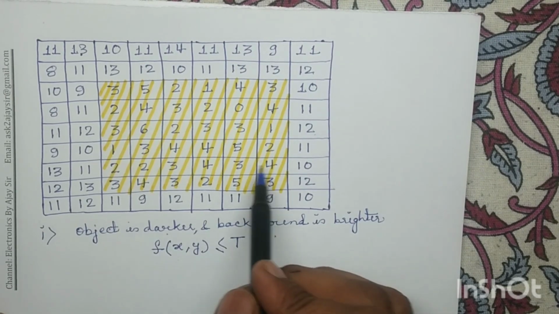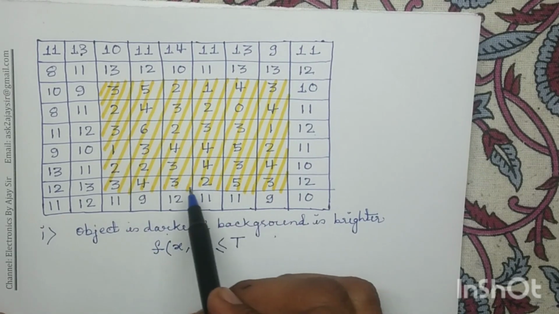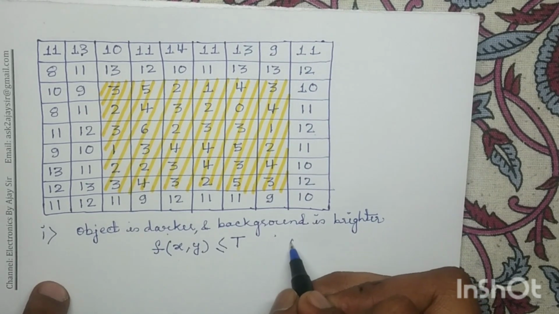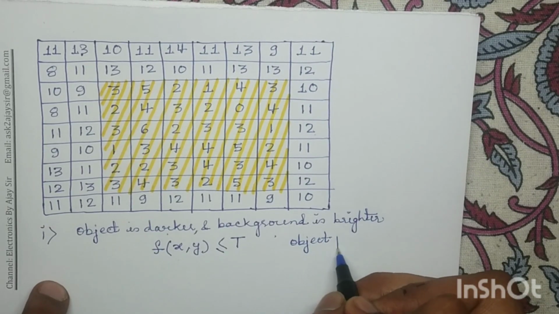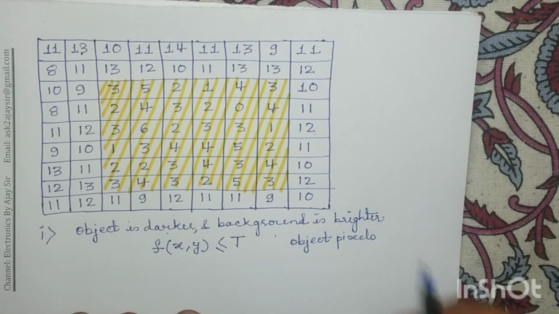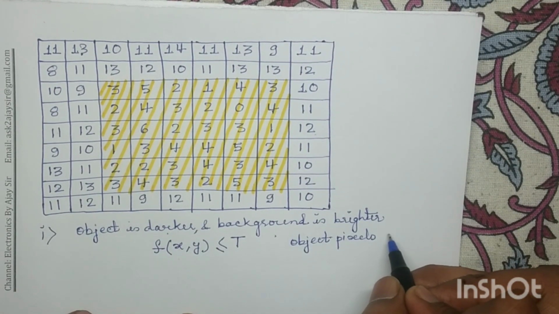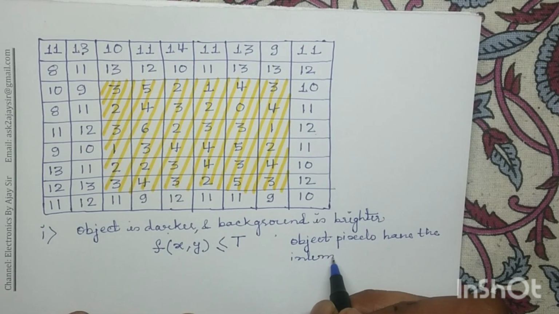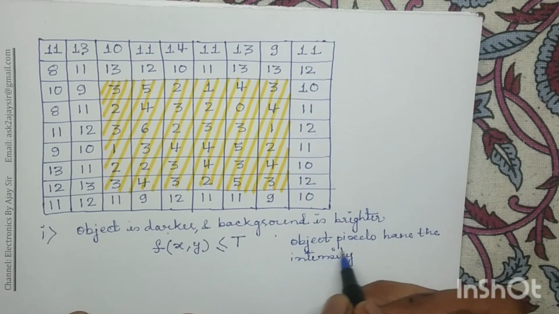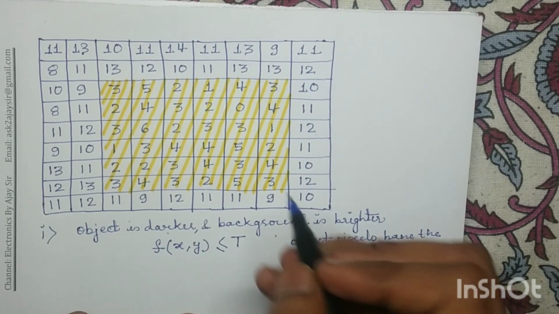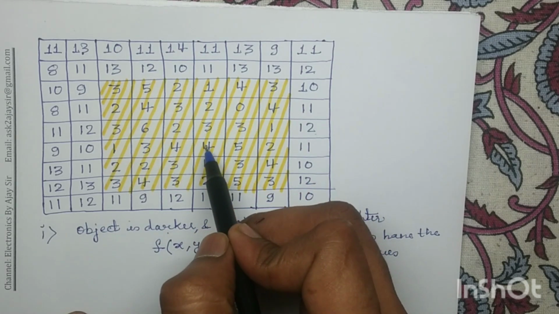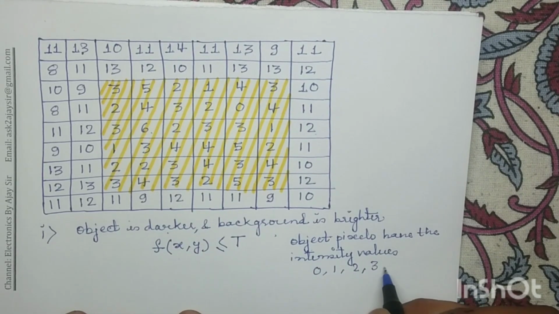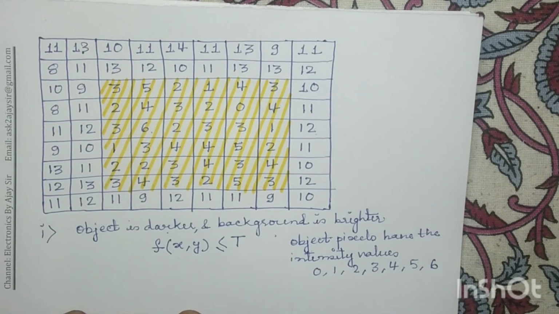In this given input image, if you observe the grayscale values for the object pixels, the object pixels will have the intensity values 0, 1, 2, 3, 4, 5 and 6.